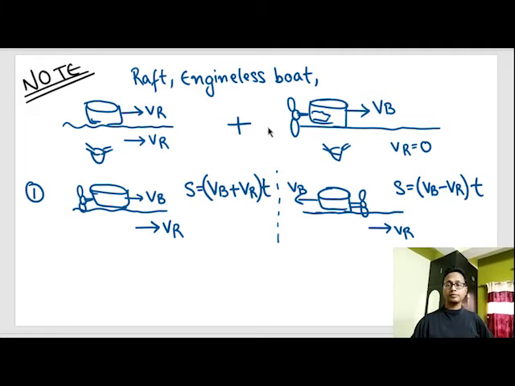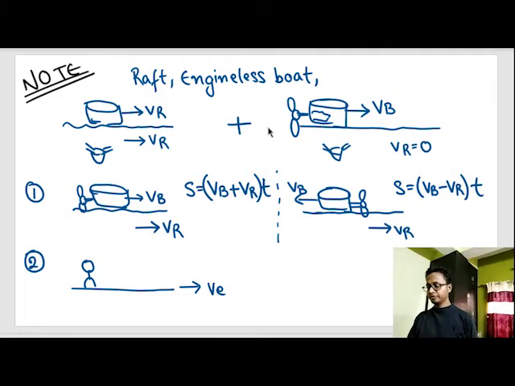Now a similar concept can be applied to a conveyor belt also. Conveyor belt means a conveyor belt is moving, or an elevator shaft. The elevator is moving with constant velocity, velocity of elevator, and a person is standing here. When the elevator was moving, its velocity carried the person.